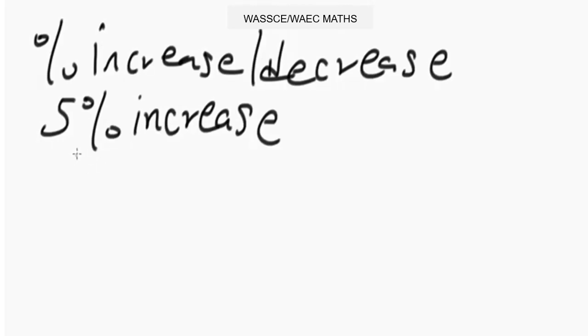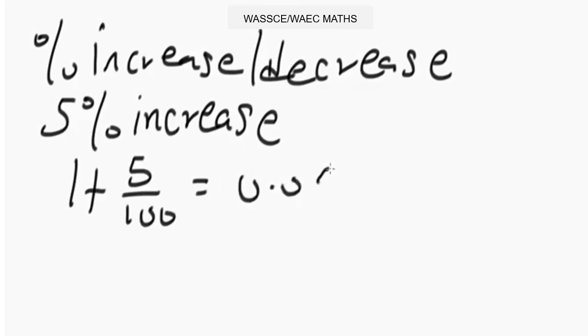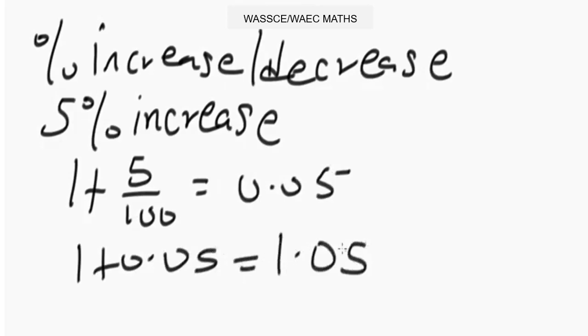So a 5% increase of 1 basically means 1 plus 5/100, and 5/100 is 0.05. So 1 plus 0.05 gives us 1.05. That's basically how to deal with this kind of problem.